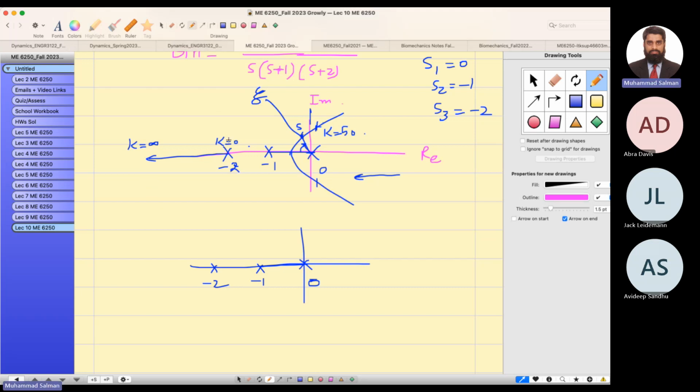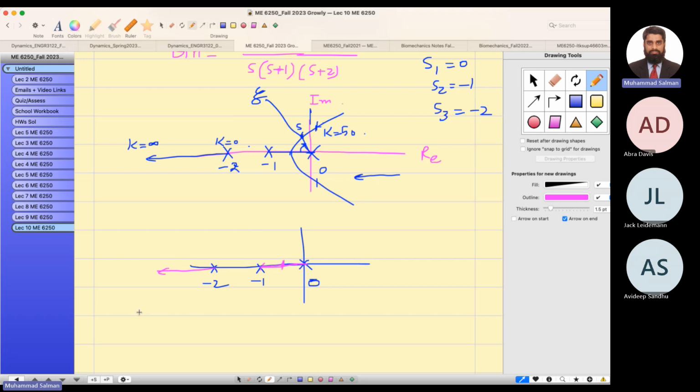Because of the angle criteria, the roots will start moving and join here. They will never overlap. They will leave the real axis here somewhere.